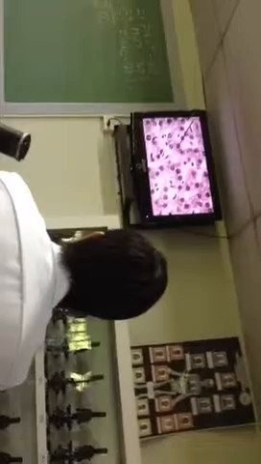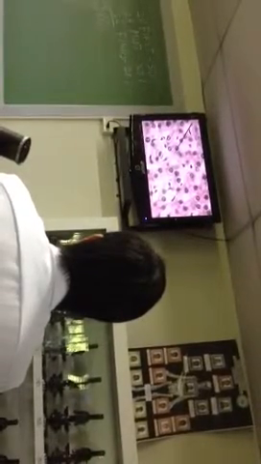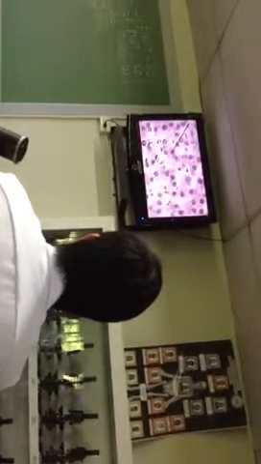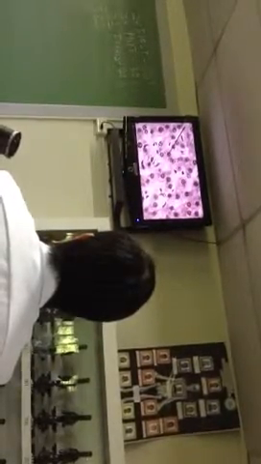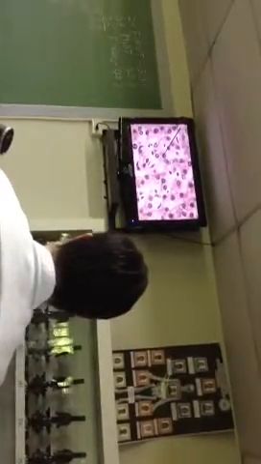So how many nucleus do you see for this cell? Two. So therefore, it's also binucleated. So the answer for the liver is actually mononucleated and or binucleated.